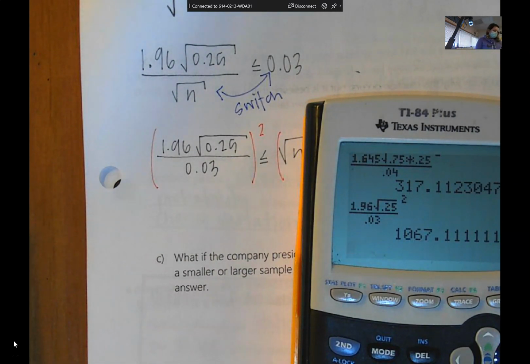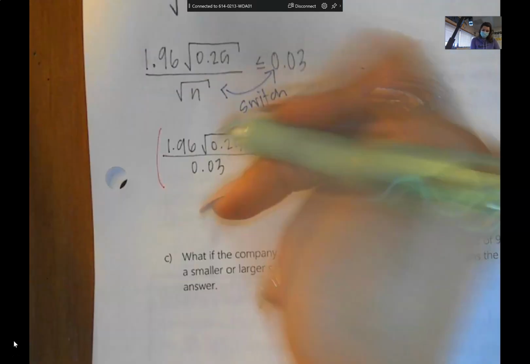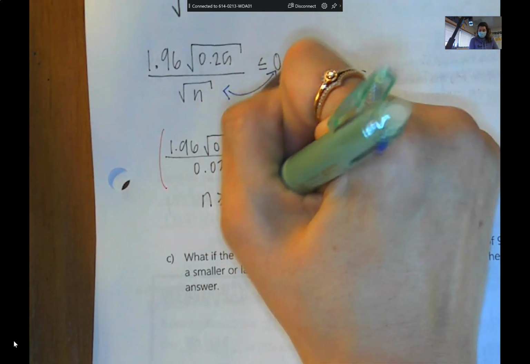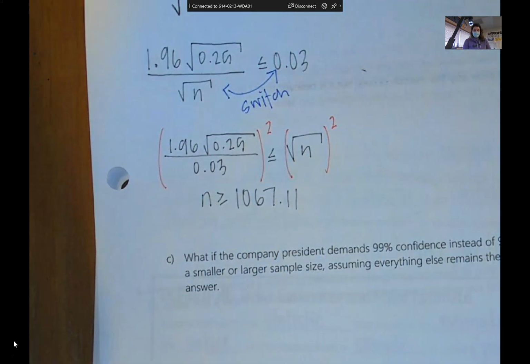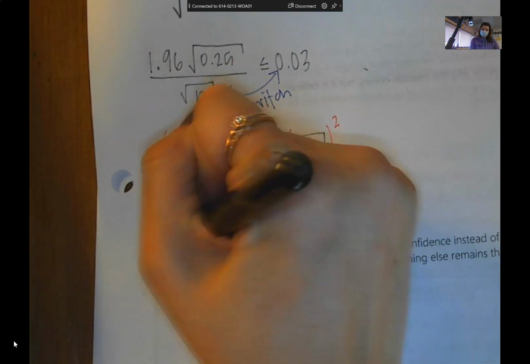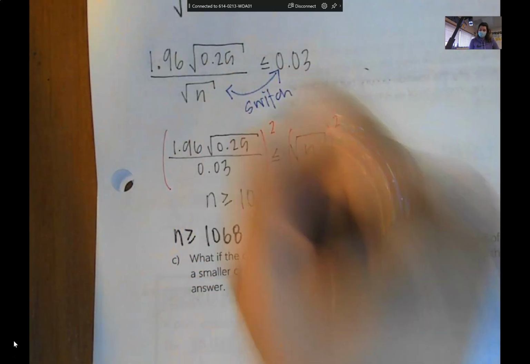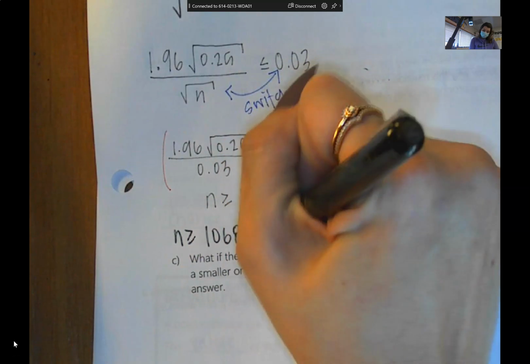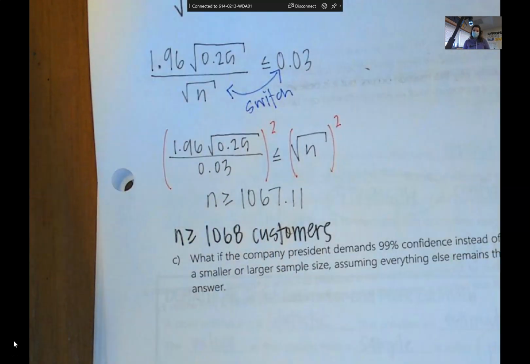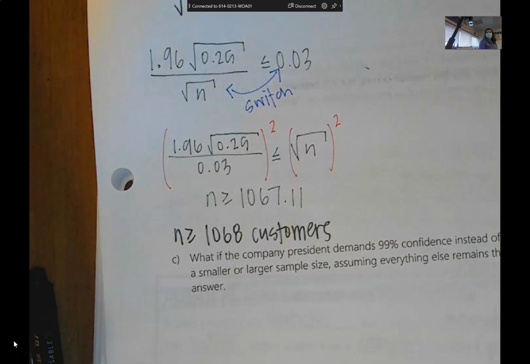This time I get 1067.11. Is that what you guys get? Ugh. So n has got to be greater than or equal to 1067.11. So our final answer is that we need 1068 customers. We need 1,068 customers.